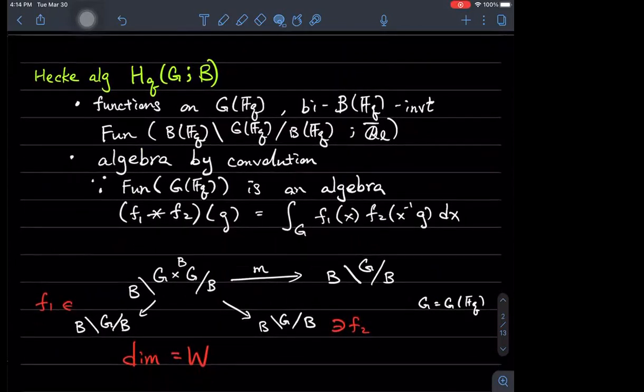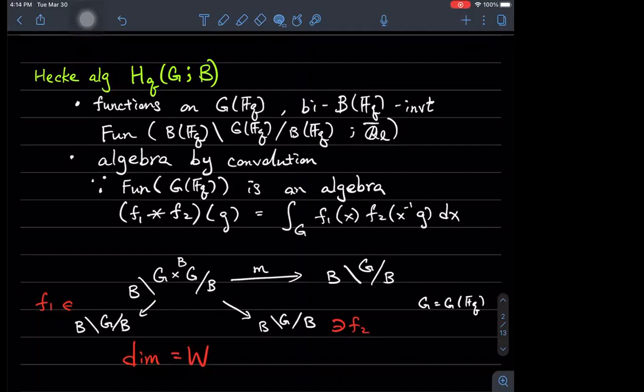Now I could talk about what the Hecke algebra is, which I denote as H_q(G,B). First of all, as a vector space, it consists of functions on G(F_q), the F_q point of G, with a bi-invariance condition. Namely, if you left or right multiply by an element in B(F_q), the function doesn't change.